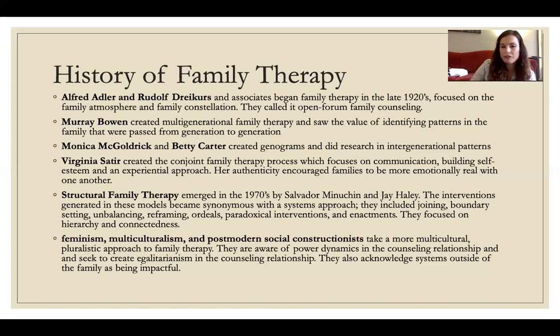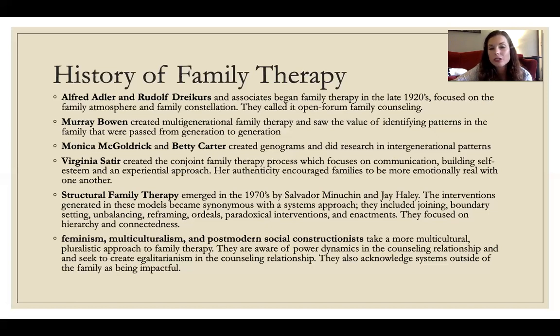And then we have feminist, multicultural, and postmodern and social constructionist approaches. And they take a more multicultural, pluralistic approach to family therapy, and they're very aware of the power dynamics in the counseling relationship and seek to create egalitarianism in the counseling relationship. And they acknowledge systems outside of the family as being impactful.